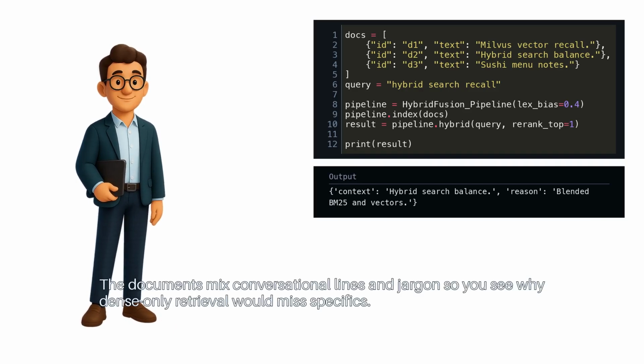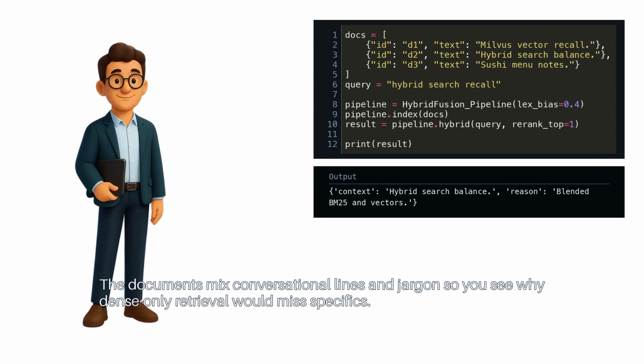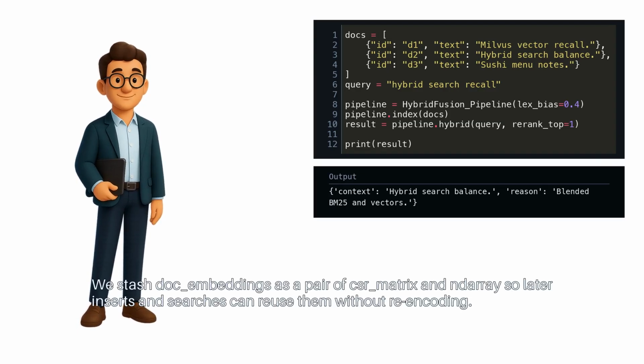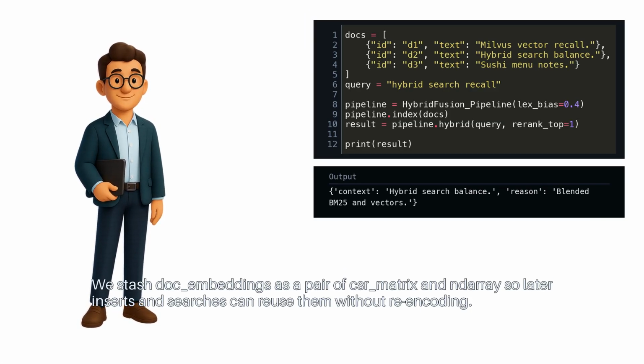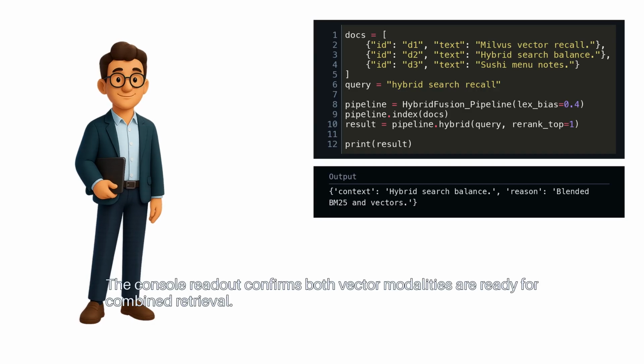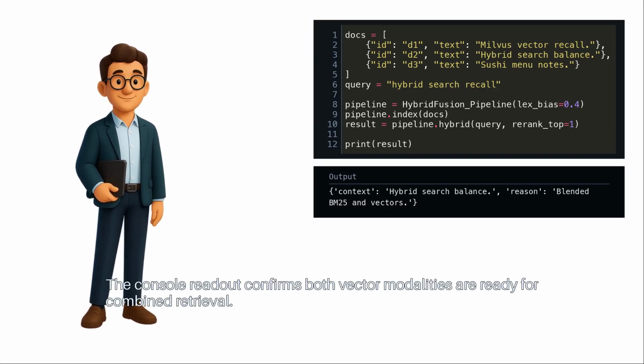The documents mix conversational lines and jargon, so you see why dense-only retrieval would miss specifics. We stash doc embeddings as a pair of CSR matrix and ndarray, so later inserts and searches can reuse them without re-encoding. The console readout confirms both vector modalities are ready for combined retrieval.